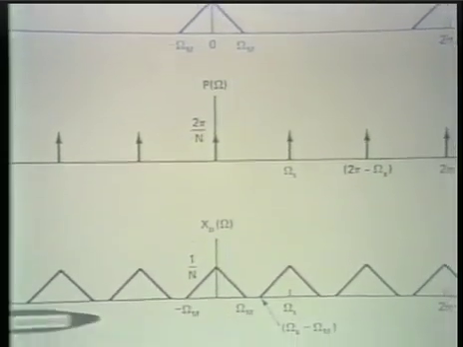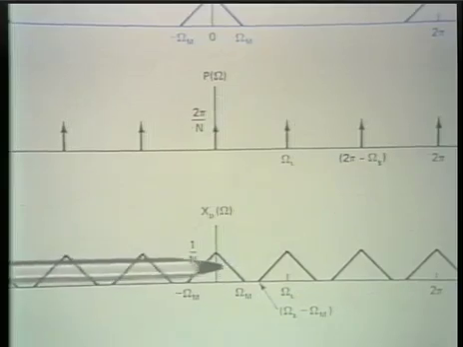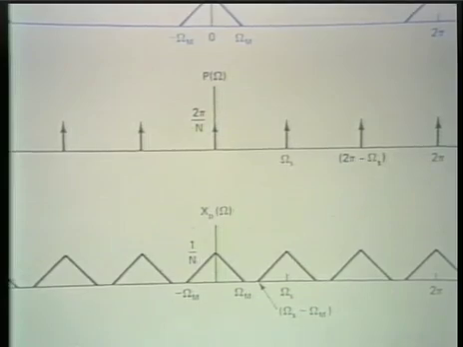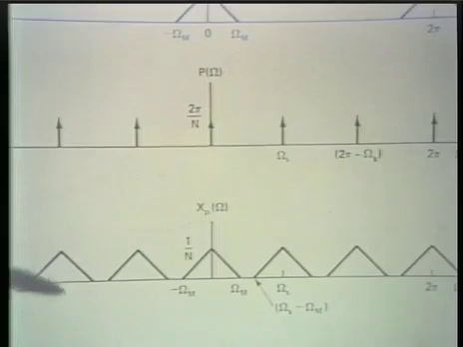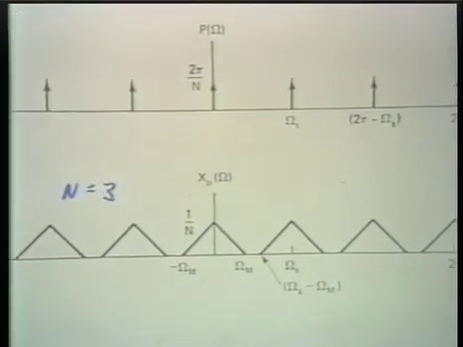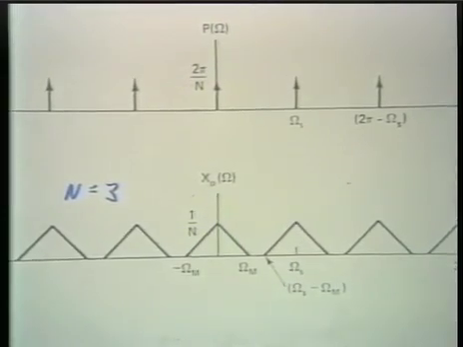And here I've made one particular choice for the sampling period. This in particular corresponds to a sampling period which is capital N equal to 3. And so the sampling frequency, omega sub s, is 2 pi divided by 3.